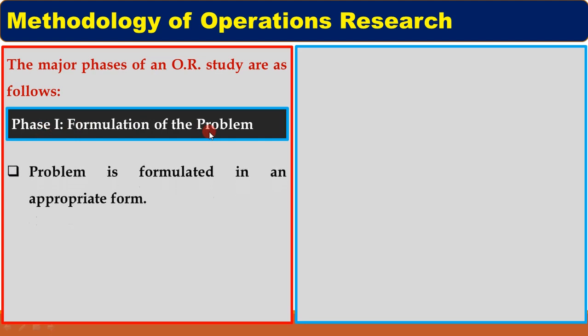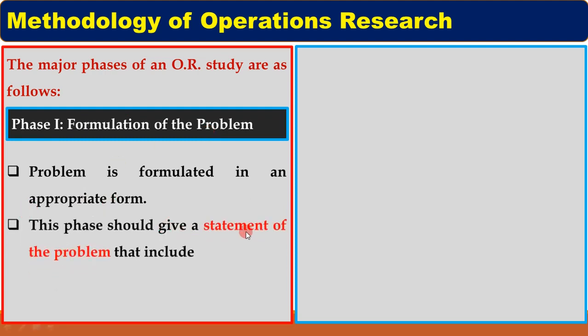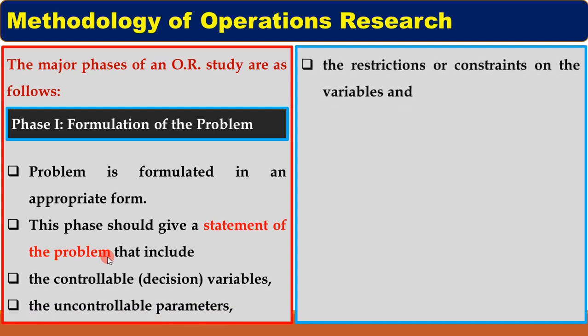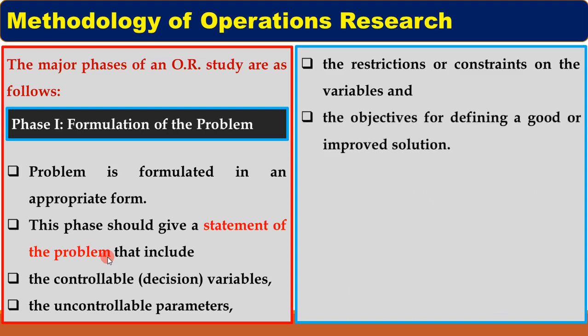In this step the problem is formulated in appropriate form, and this phase should give a statement of the problem, and that includes the controllable, that is a decision variable, the uncontrollable parameters, restrictions or constraints on the variables, and the objectives for defining a good or improved solution.